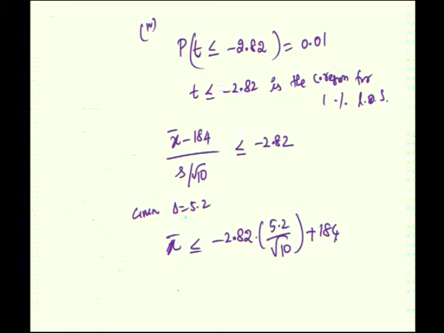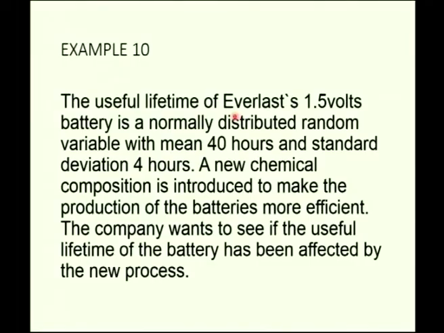Okay, and this value comes to be equal to 179.36. So, the sample mean values are x bar less than or equal to 179.36, so that the null hypothesis is rejected at 1% level of significance. Now, look at the next problem.